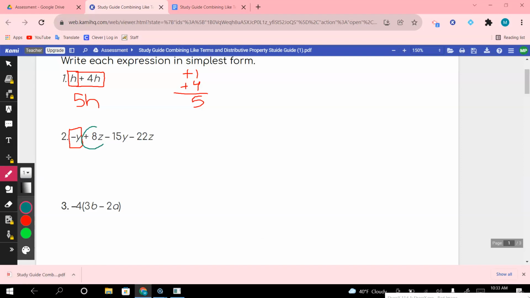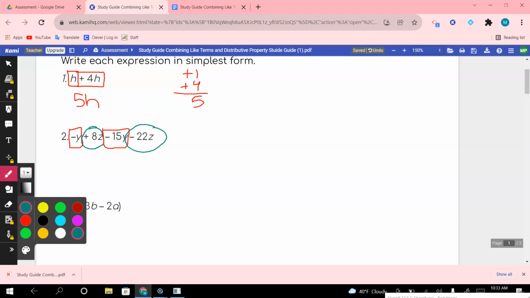I'll draw a circle around the 8z. Then we have negative 15y. Those had the same letter, so they have the same shape around them. And a negative 22z. That was not a very good circle, but that's okay.